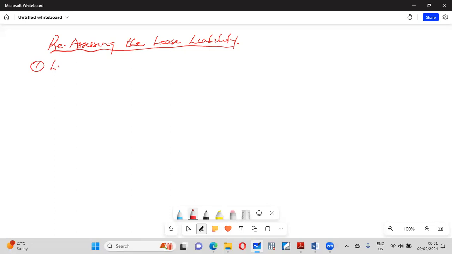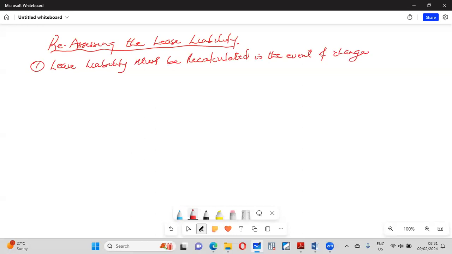Lease liability must be recalculated in the event of changes to the lease payment, because one of the things you learned in the initial measurement is that there is something called variable payment.